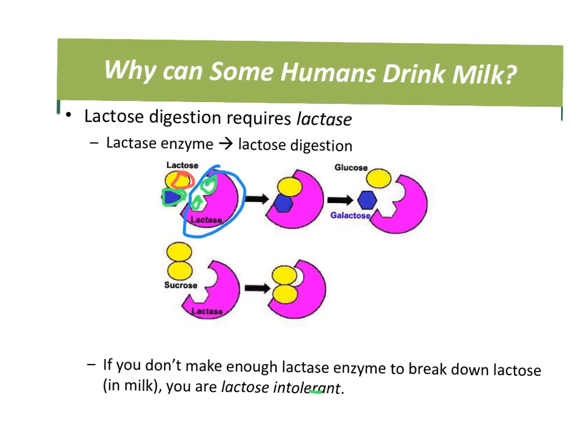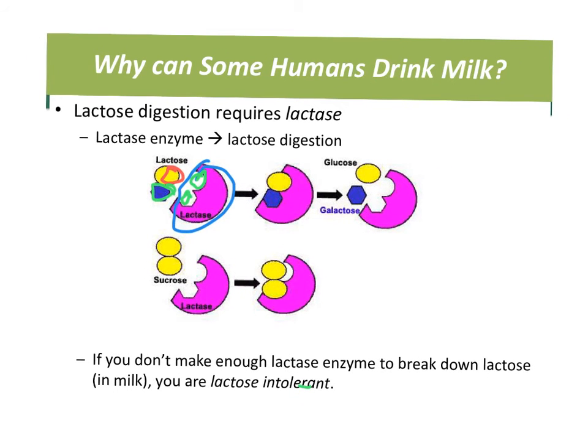So a good example of this is lactose. A lot of people cannot drink milk. Some people cannot drink milk as adults, but some can. So lactose is, among other things, a sugar. It's made up of a glucose molecule and something called a galactose molecule.